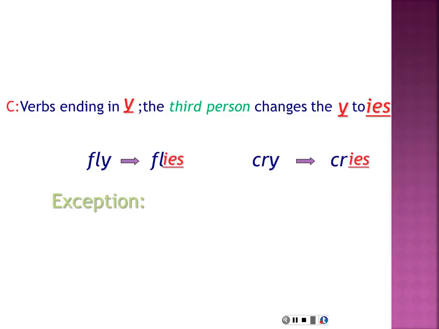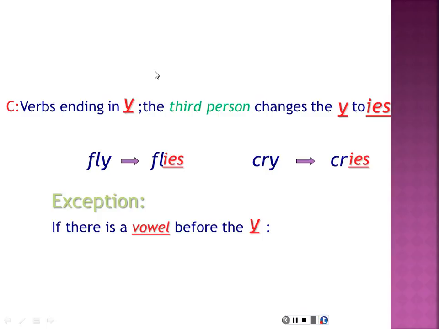The exception is when we don't change the y. The rule is, if there is a vowel before the y, we don't change it. إذا كان عندنا حرف صوتي قبل الواي التي تقع في نهاية الكلمة, we don't change the y.